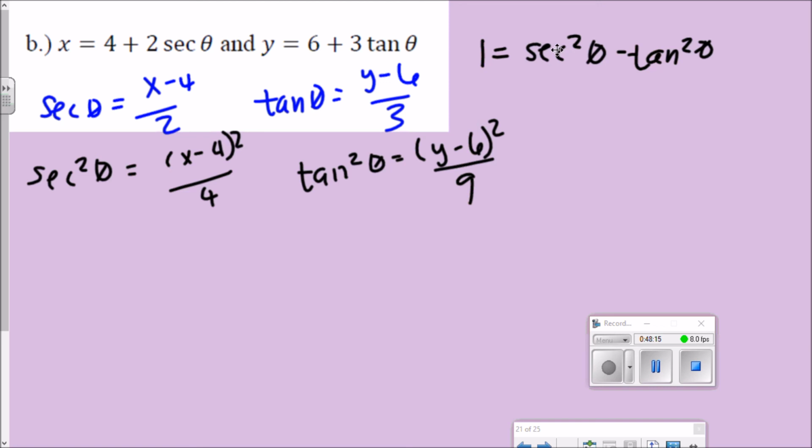I need the secant squared one minus the tangent squared one. So it's x minus 4 squared over 4 minus y minus 6 squared over 9 is equal to secant squared minus tangent squared, which as we discussed is 1.